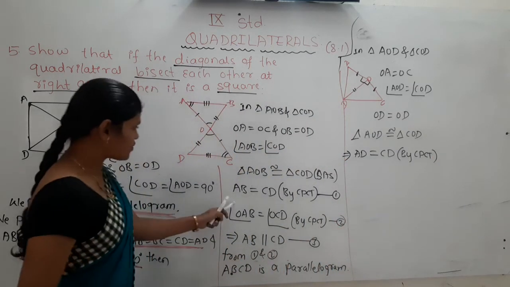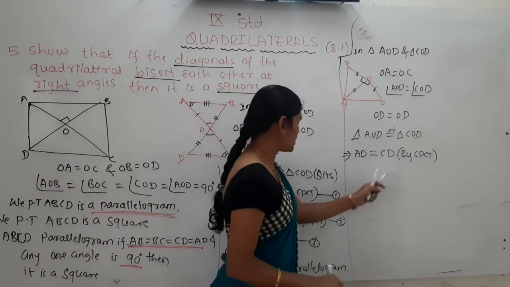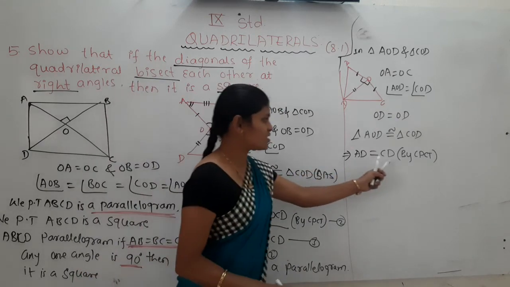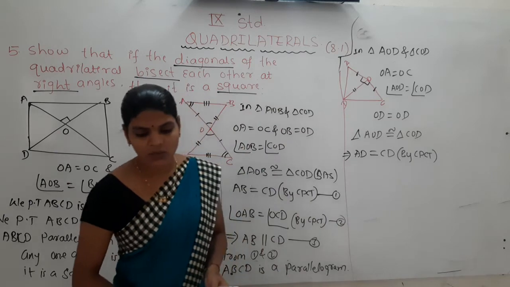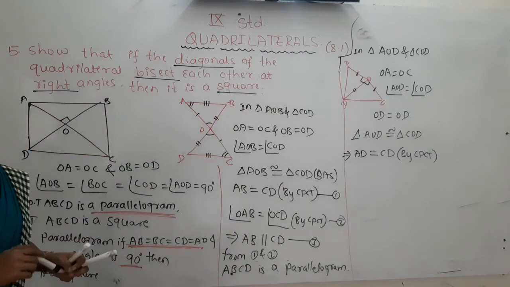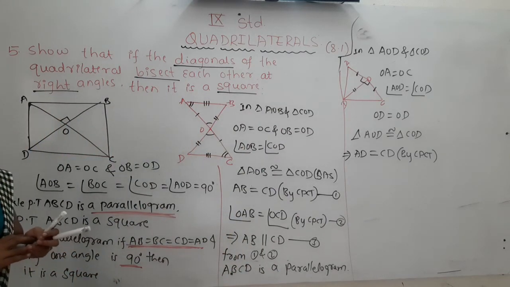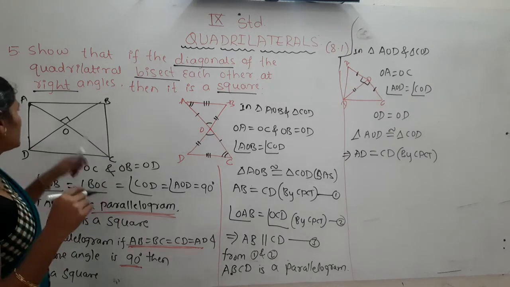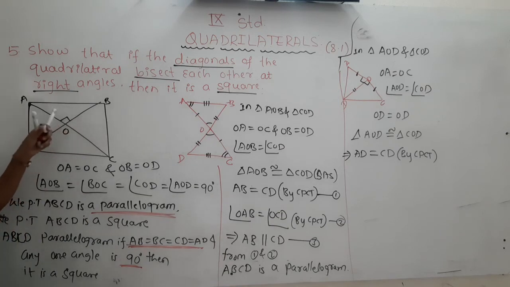Here, AB equal to CD, AD equal to CD. Then these two angles are right angles, so we can conclude these two triangles are congruent.